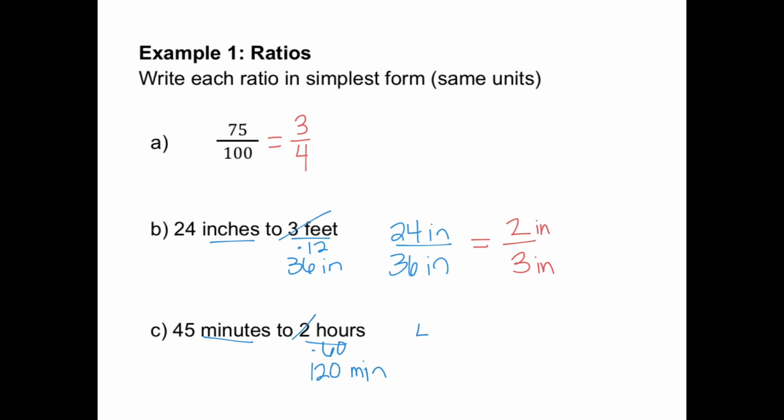So my ratio would be 45 minutes to 120 minutes. Then we're going to need to simplify that. Since the top and bottom both simplify by 15, I know that my answer is going to be 3/8. Again, you can use your calculator for this simplification as I showed already. So this would be 3 minutes to 8 minutes.